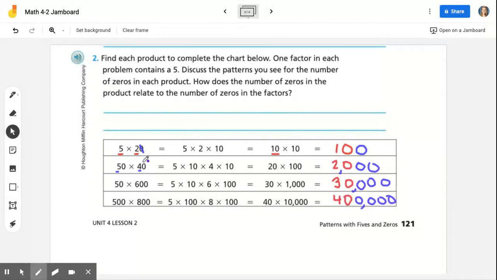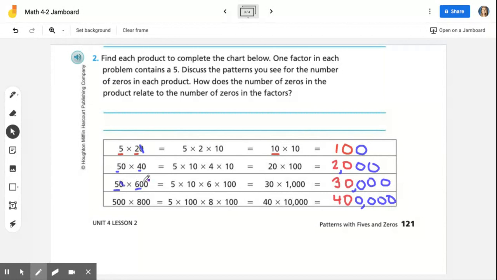Okay, go ahead and compare your answers with mine. 50 times 40 is equal to 2,000. Make sure that's correct in your book and that there's a comma between the thousands and the hundreds place. And I color-coded mine. So 5 times 4 is equal to 20. And then we ignored 2 zeros, and then I added back in the 2 zeros at the end of my product to get 2,000. 50 times 600, 5 times 6 equals 30.